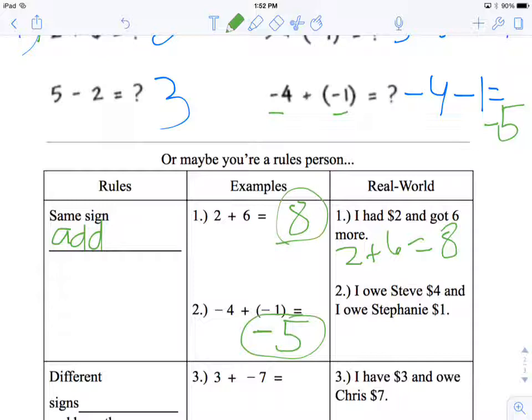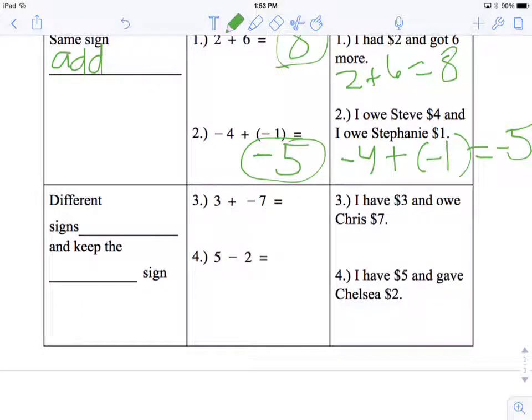So I owe Steve $4, so that's -$4. And I owe Stephanie $1. So I also owe, I'm adding debt, Stephanie $1. So how much do I owe total? I owe $5. Hopefully that's helpful. At this point, if you understand that or you want to hear it again, you should look at it and listen again, because that's going to come up a lot.